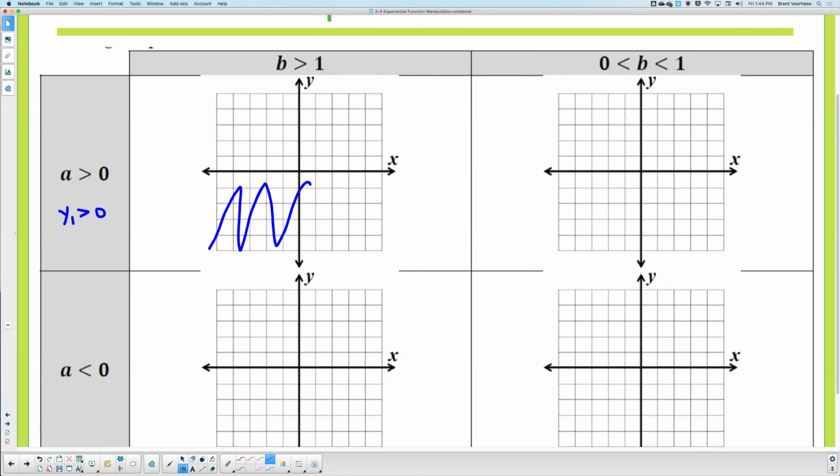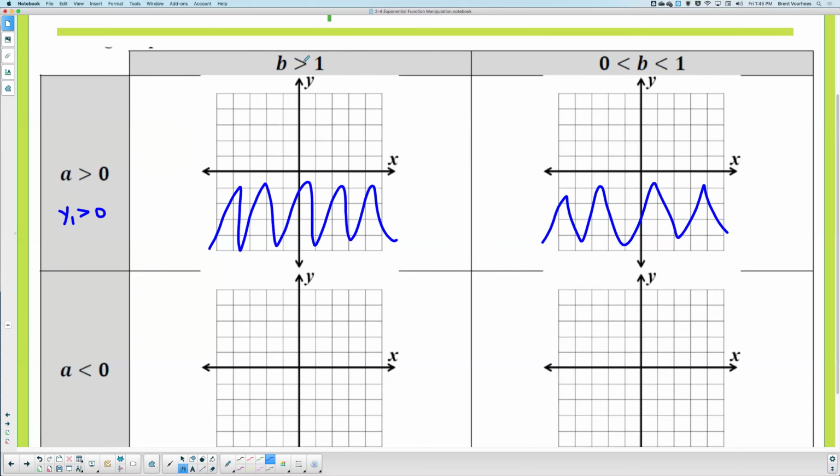So scribble this down on both of these graphs. If the leading term of your exponential function is positive, greater than 0, your graph will be above the x-axis. I'll say it one more time. If your leading term is positive, the graph will be above the x-axis. Now, our graphs can be exponential growth or they can be exponential decay. That's based off the base.